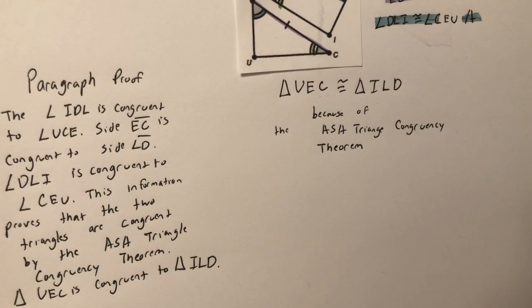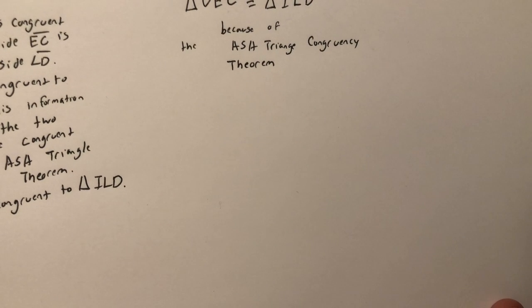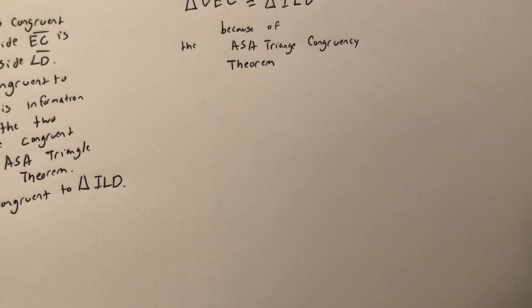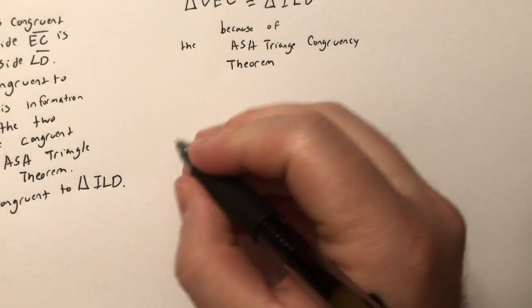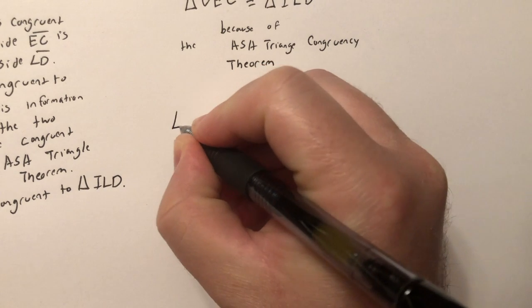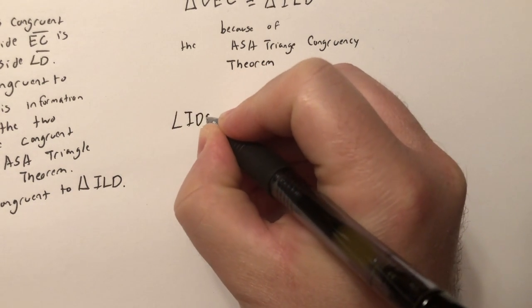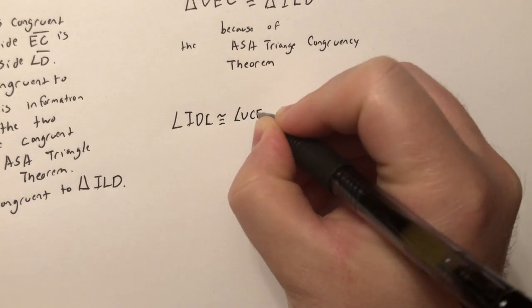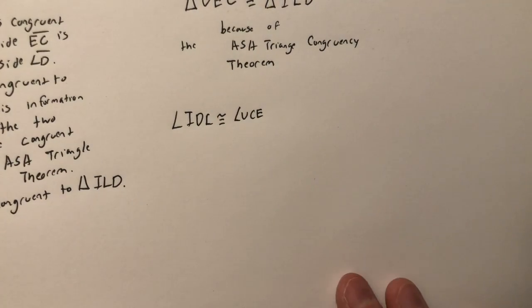Okay, now we're going to talk about the next format. This is called the flowchart proof. It just connects the different pieces to make sure we're flowing in a continuous fashion. We're connecting how things get from one place to the other. So, first thing we had was angle IDL is congruent to angle UCE from our original picture.